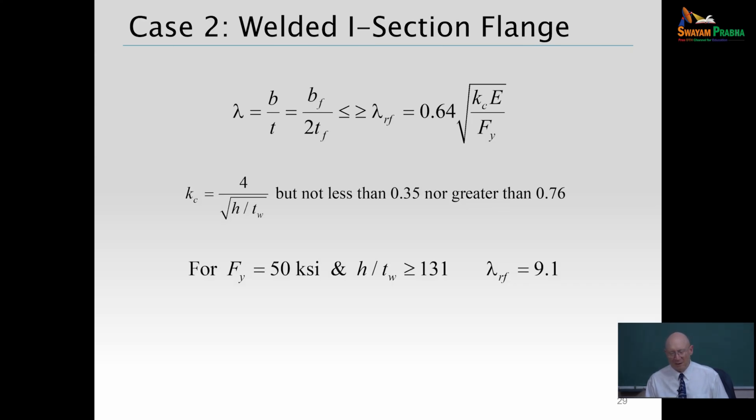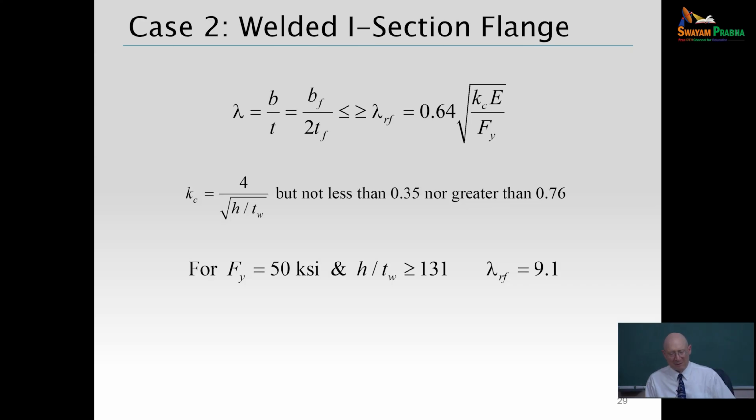But if that becomes less than 135, that becomes less than 135 if H over TW is greater than 131. In that case, we limit the minimum calculated value to 0.35, and we don't allow use of a value larger than 0.76. It has to be a very thick web to get to that.